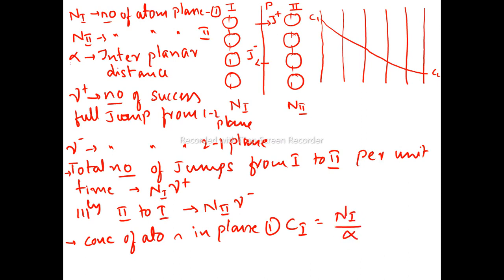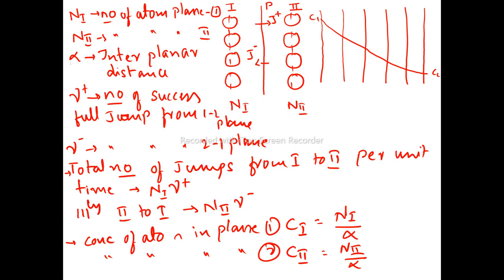Volume is nothing but alpha. Similarly, the concentration of atoms in plane 2 is given by C2, equal to N2 divided by alpha. Correct? Yes.